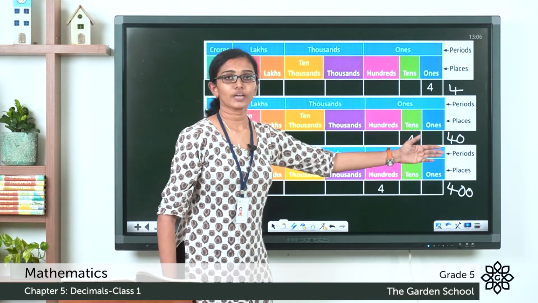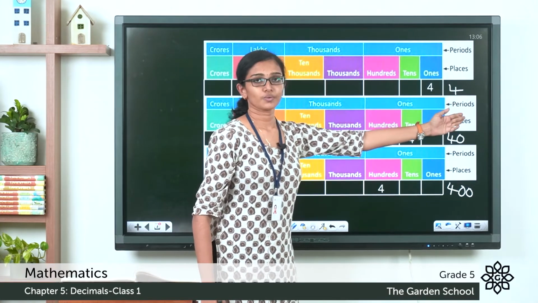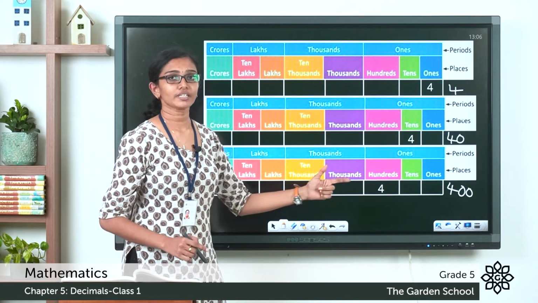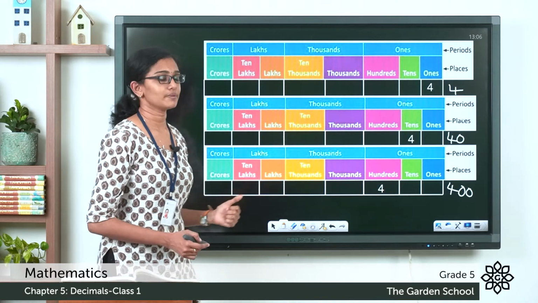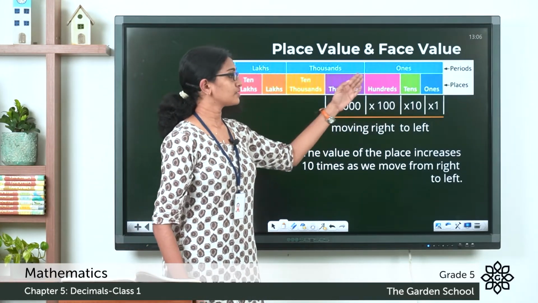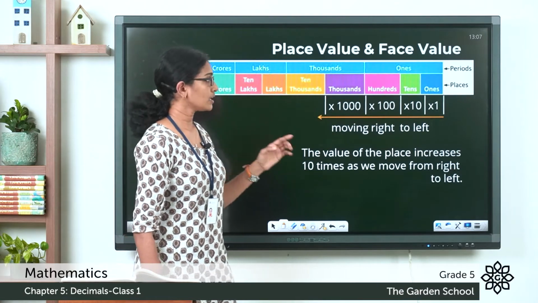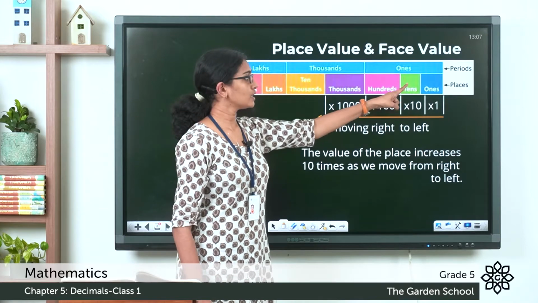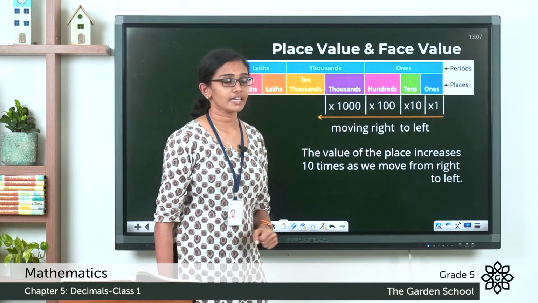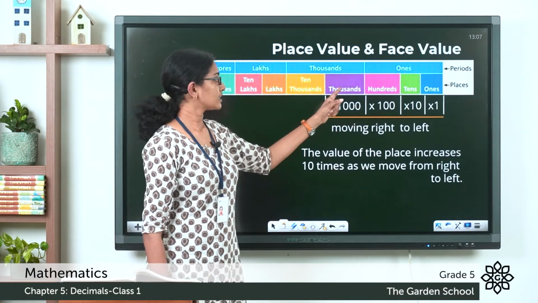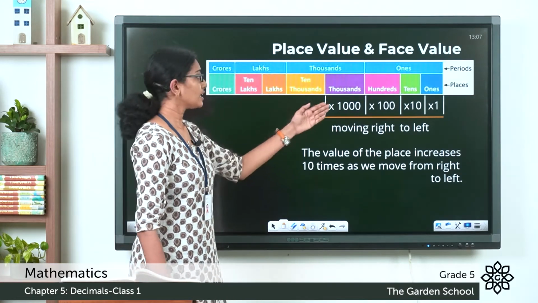The place value increases as you move from right to the left and it increases 10 times every time you move to the next higher place. See, you have the ones, tens, hundreds, thousands and it goes on. The value of the ones place is 1 and the value of the tens place is 10 and the value of the hundreds place is 100 and thousands it is 1000 and it goes on.